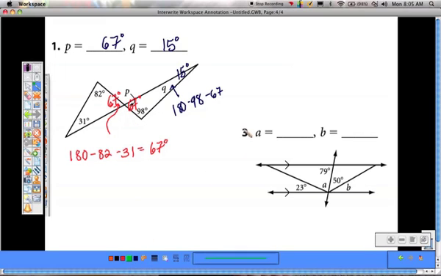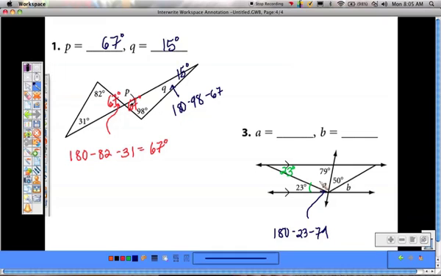All right, number three, we have some parallel lines here. We know a couple things about alternate interior angles. I know that 23 and 23, these two are alternate interior, so they're equal. We have a triangle, so to figure out angle A, you're going to take 180 minus 23 minus 79.